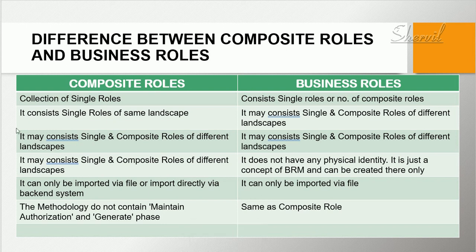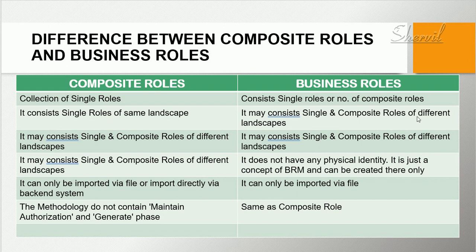What is a composite role? A composite role is a collection of single roles, technically. And what is a business role? A business role consists of single roles or a number of composite roles from different landscapes. A composite role consists of single roles from the same landscape, whereas a business role can consist of single roles and composite roles from different landscapes.